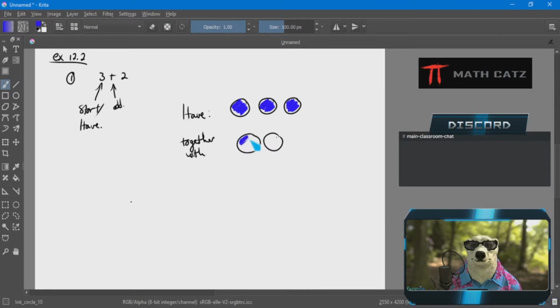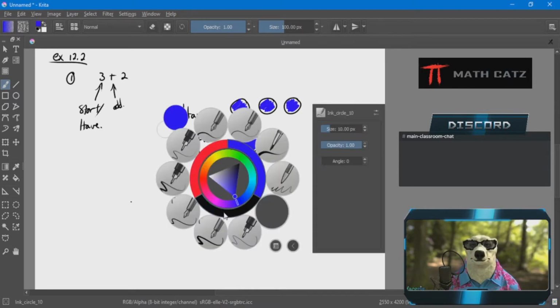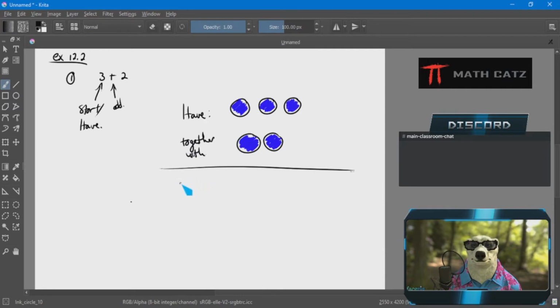These are very circular shaped blue chickens, but I assure you they are healthy. Now I have more chickens. So now I end with more chickens. 1, 2, 3, 4, 5 by simply merging them together and not distinguishing between what I had and what I gained.